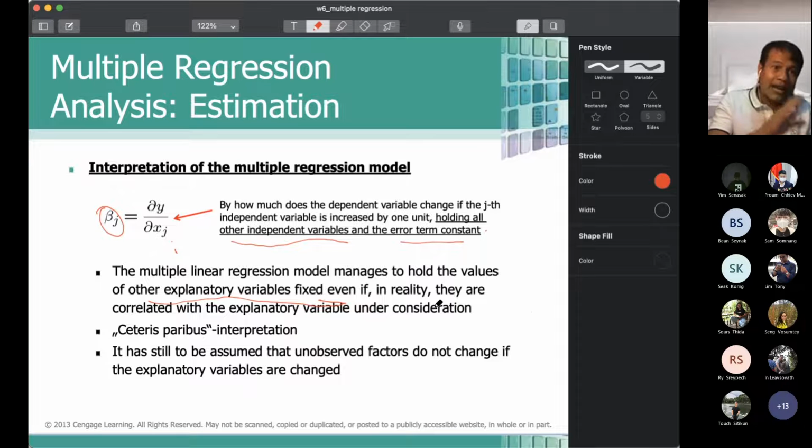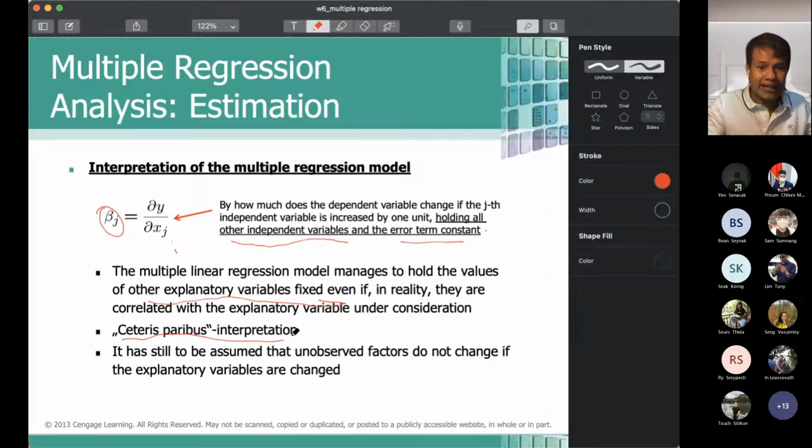Or, add the independent variable other than your independent variable of interest, and your interpretation says by holding other factors constant or fixed or controlled, that interpretation is called ceteris paribus interpretation.